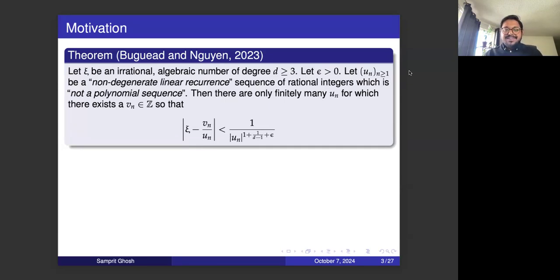I put non-degenerate and not a polynomial sequence in quotes because we won't be discussing these technical terms today.